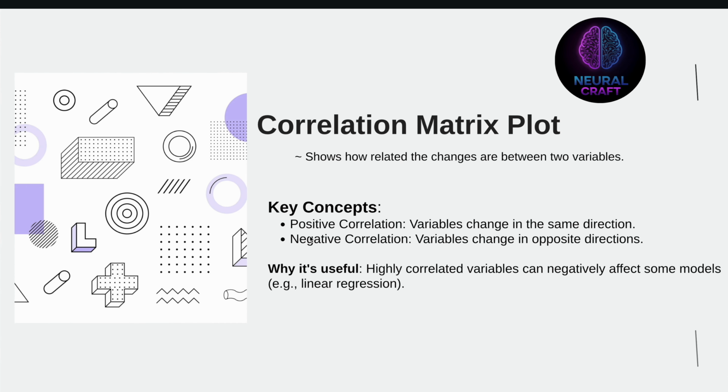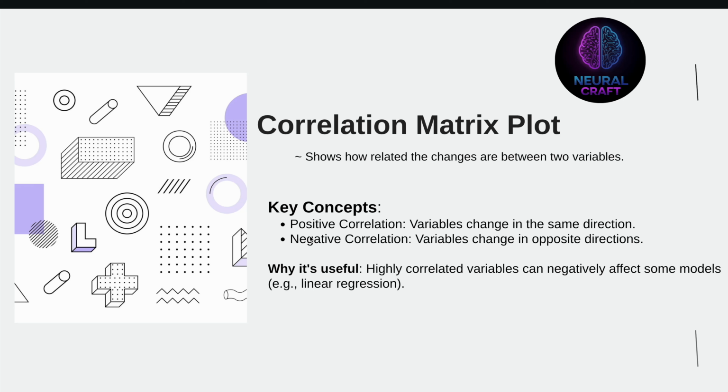First one is the correlation matrix plot. When we find the correlation between two attributes from a set of many attributes and plot it, the matrix that we get is known as the correlation matrix. There are two main kinds: positive correlation and negative correlation.